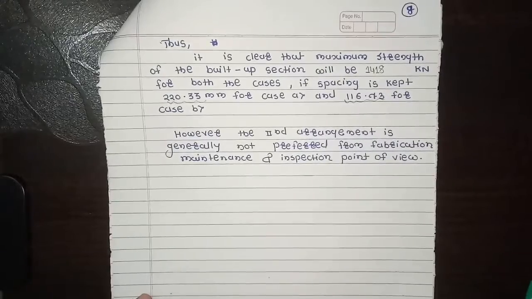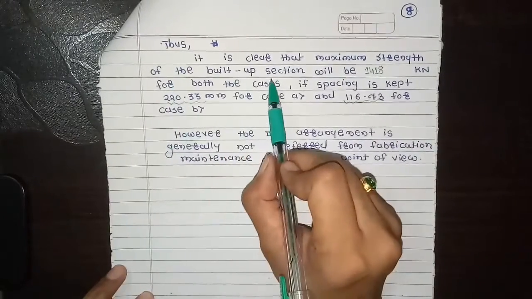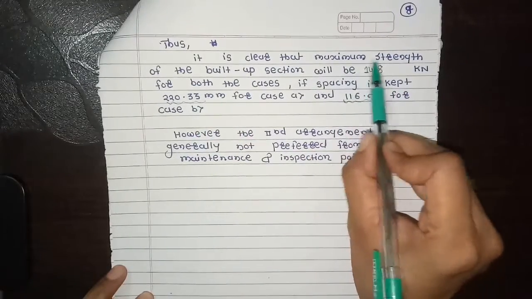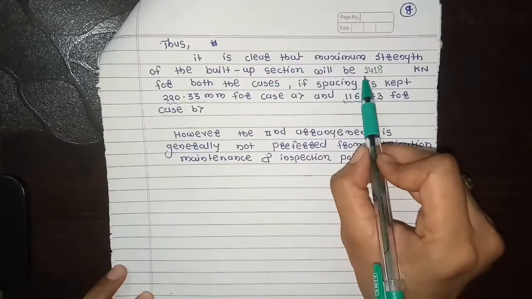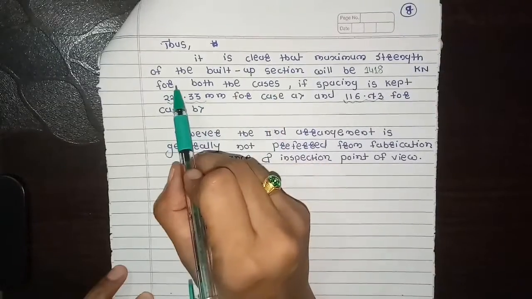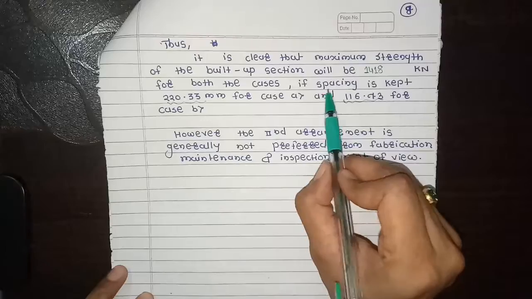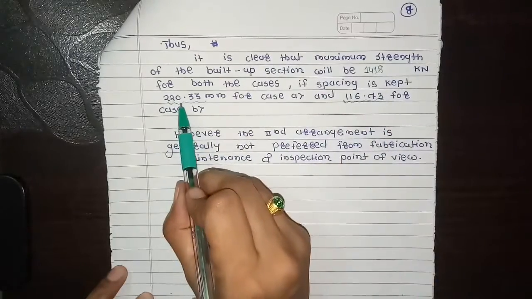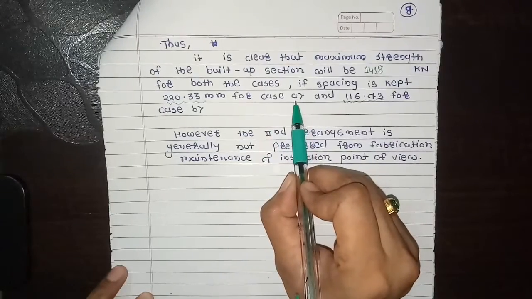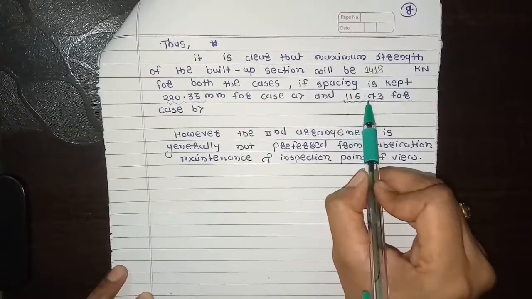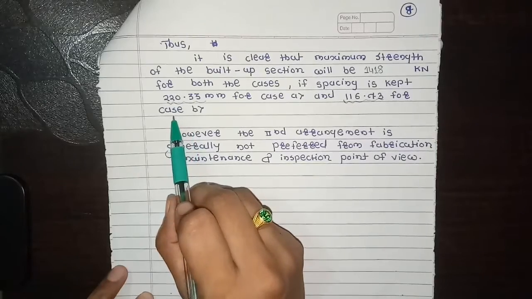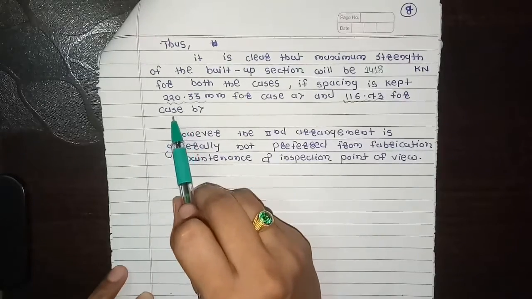Thus it is clear that the maximum strength of the built-up section will be 1418 kilonewton for both the cases, if the spacing is kept 220.33 mm for case first, the channel sections placed back to back, and 116.73 mm for case second, the channel sections placed face to face.